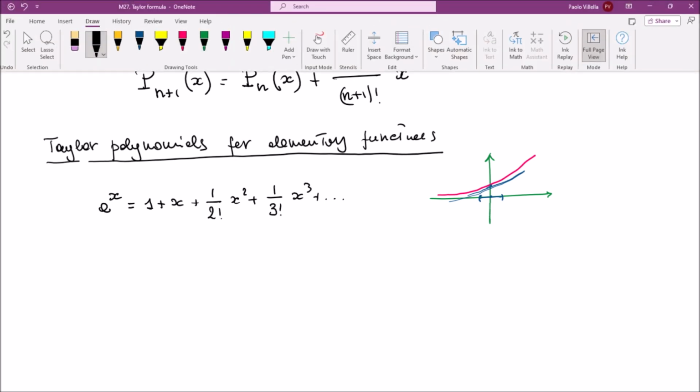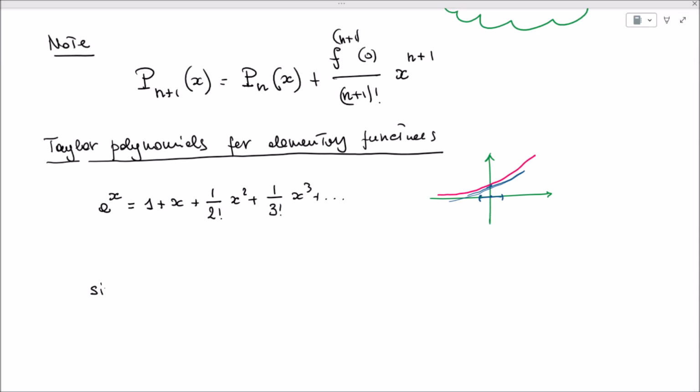Next elementary function is the sine of x. Sine of x can be expanded in a Taylor polynomial as x minus 1 over 3 factorial x to the cube plus 1 over 5 factorial x to the fifth minus 1 over 7 factorial x to the 7, and so on and so forth.